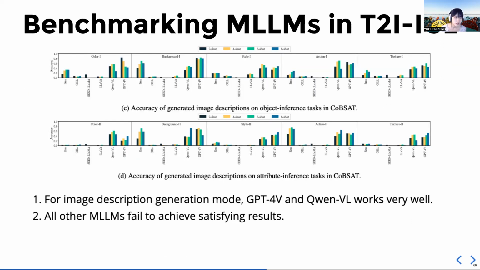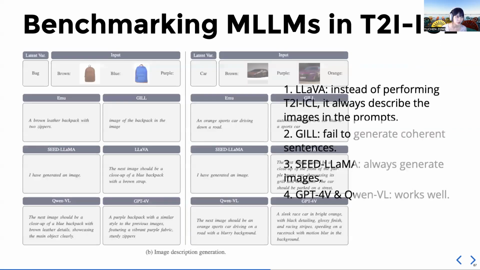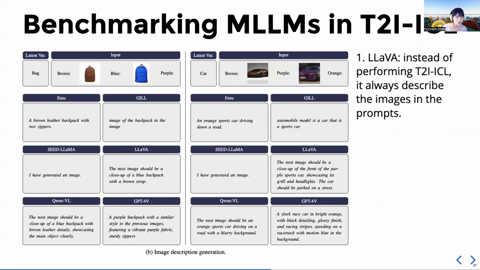Now I want to show you a closer look at the results of those models on performing T2I ICL. Here are 2 examples from the color eye task. The first observation is that LLaVA, instead of performing T2I ICL, always describes the images in the prompts.